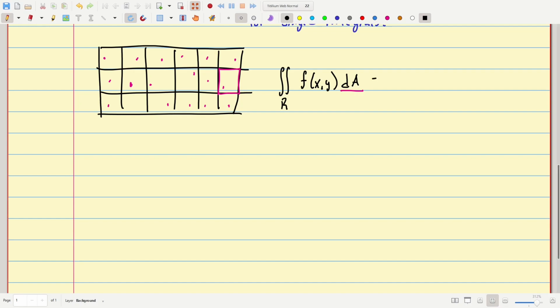All right. And like the Riemann sum, we have to define this in terms of a limit. This is actually a limit in two variables. We have both m and n going to infinity. And we are going to have a double sum. We have i equals 1 to m, and j equals 1 to n.